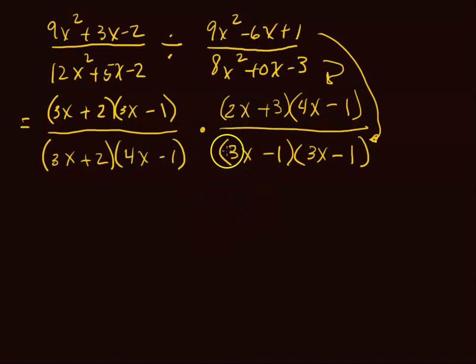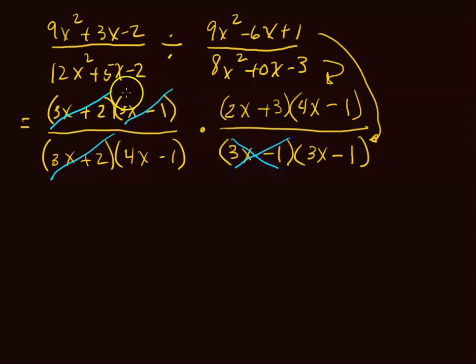Now that I've got all this multiplication and stuff, I'm going to look around, because you can go really far down the line here, in a sense. Anything in the numerator, because this is going to just be multiplied, can cancel with anything in the denominator. So this 3x plus 2 and the 3x plus 2. Let's see, 3x minus 1. This will cancel with a 3x minus 1.